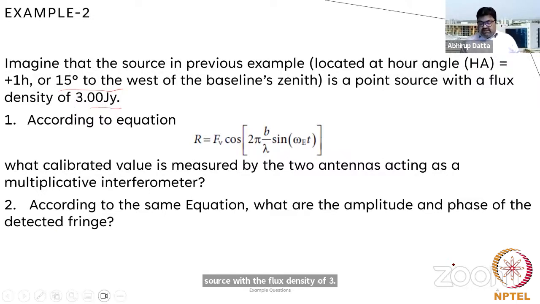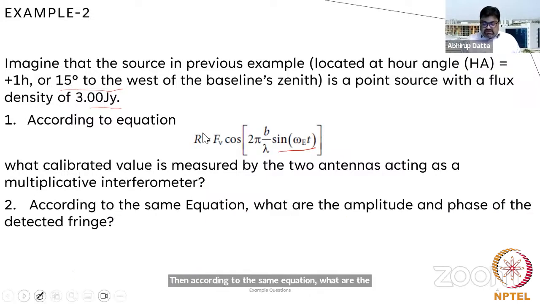Based on the expression, we can use R equals F nu cosine of 2 pi B over lambda sine of omega E t. What calibrated value is measured by the 2 antennas acting as a multiplicative interferometer? Then according to the same equation, what are the amplitude and phase of the detected fringe?